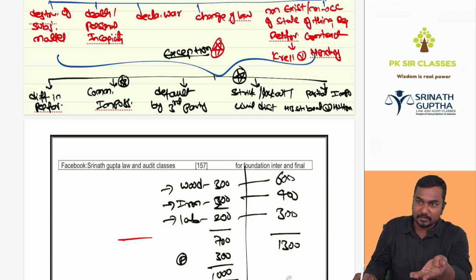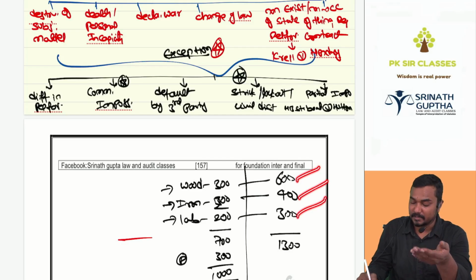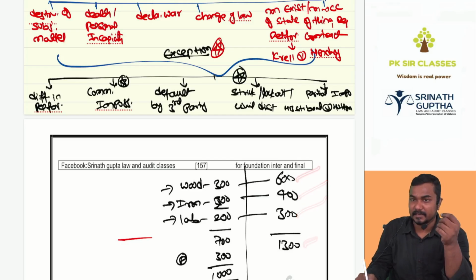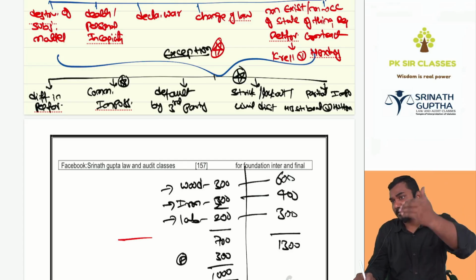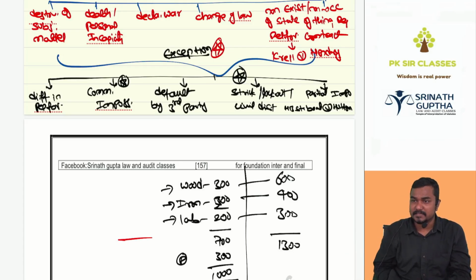Subsequently, when he is trying to make the bench, unfortunately the wood cost increased to 600, iron to 400, labor to 300. So the cost itself is 1,300. Can the carpenter say that because the cost has increased, the contract is discharged? No. You may get a loss, but it is possible. It is not impossible.